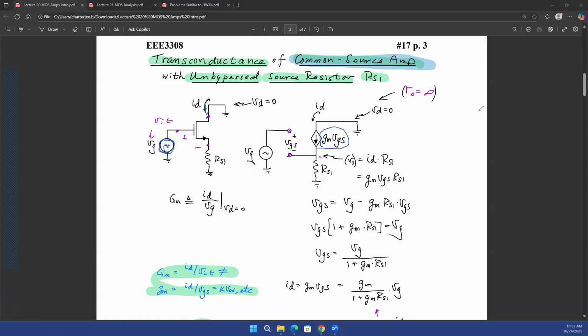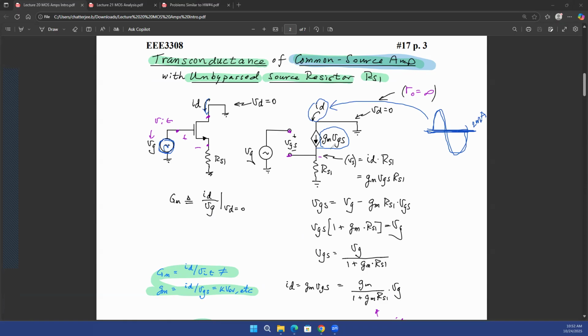Remember that any AC is basically on top of a DC. So let's say the 2 milliampere output current is basically this DC component. On top of that 2 milliampere DC output current, you will have a fluctuation which is denoted by this lowercase ID over here.